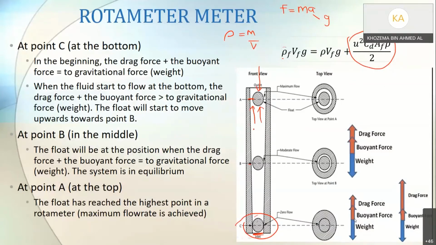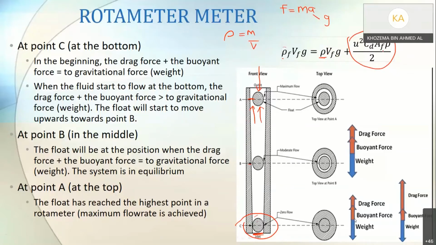I said that the buoyancy force is actually related to the fluid that is pushing your float upwards. So that's why here, we have the density of the fluid. Rho here is the density of the fluid that is pushing upwards, and Vf is the volume of the fluid, and G is the gravitational acceleration again.